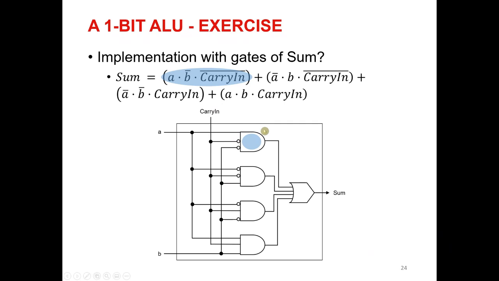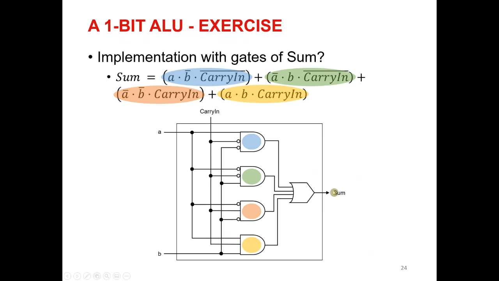Then we will do similarly for the second part of the equation, which is here, and again we have the carry in negated, the input A negated, and the input B itself, without negating it. And we will do similarly for the carry in and for the other part of the equation. And finally, we will just sum everything here and we will get the sum.